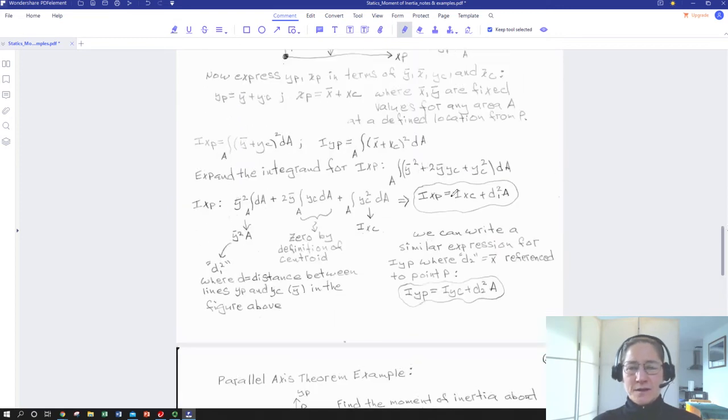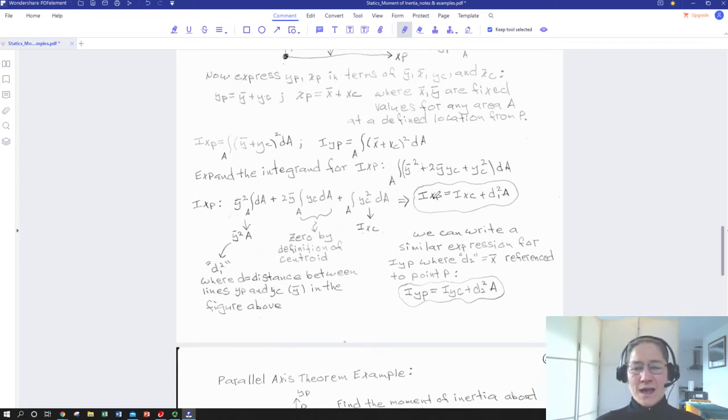So notice, because these terms are squared, you don't have negative area, you have a distance squared, this term's always positive. So this is also kind of an interesting idea that the moment of inertia about an axis that goes through the centroid is the smallest moment of inertia that you can get.